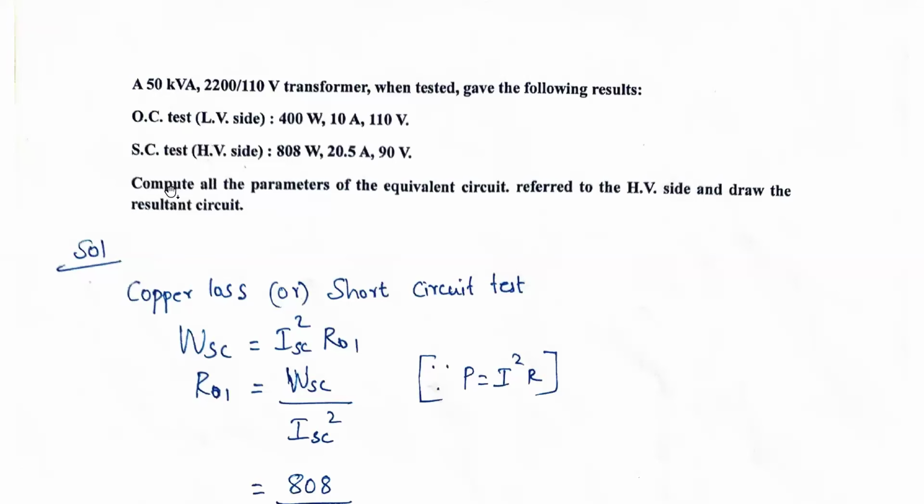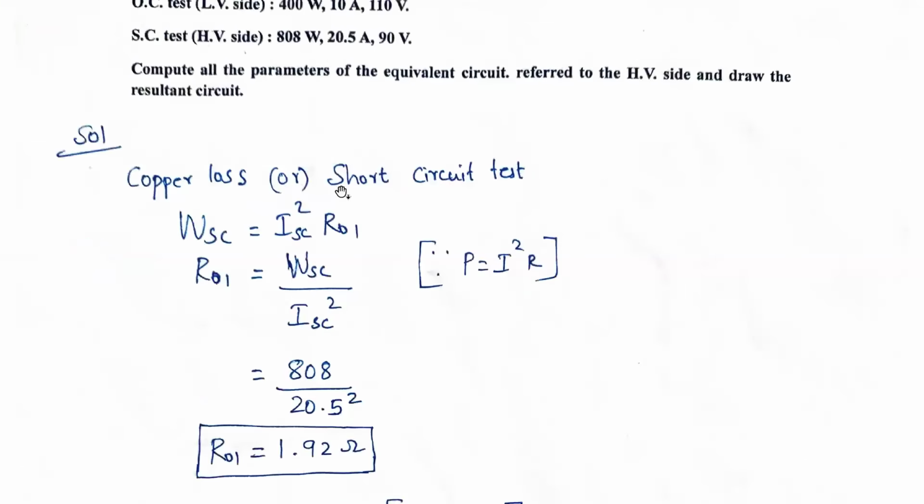That means the equivalent circuit. In the open circuit test, the iron losses we got as 400 watts. In the short circuit test, the copper losses we got as 808 watts.